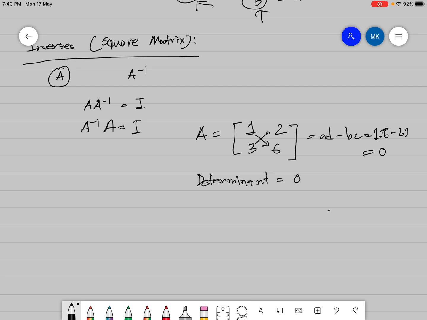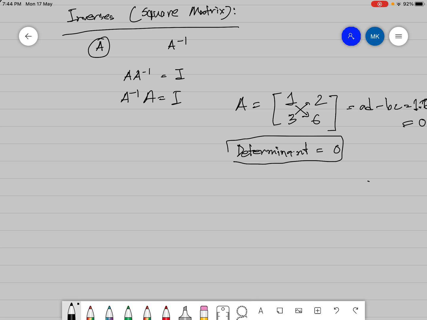Now, as we are talking about the determinant, we have to know a bit about determinants. Recall the concept of linear transformation. If you think from the perspective of linear transformation, you already know by this point that a matrix does a linear transformation, and it basically stretches or squeezes the space, right?